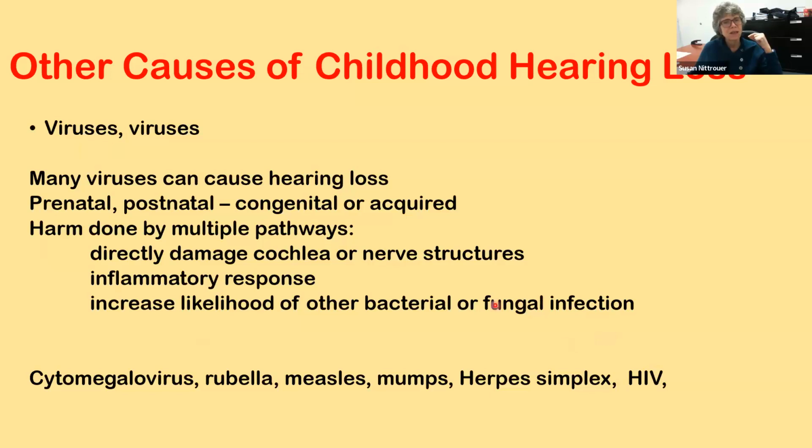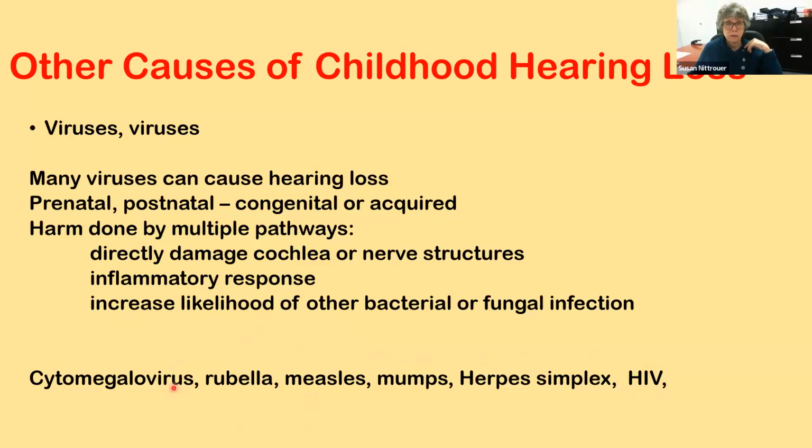Also, a virus can increase the likelihood that there might be a bacterial infection, such as meningitis, that can get into the cochlea and damage hearing. Some of the viruses we worry about are cytomegalovirus, rubella, measles, mumps, herpes simplex, and HIV.